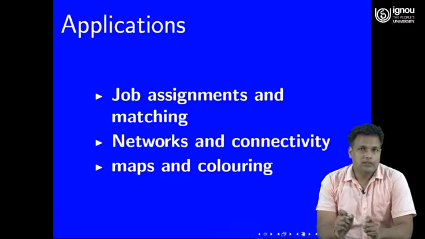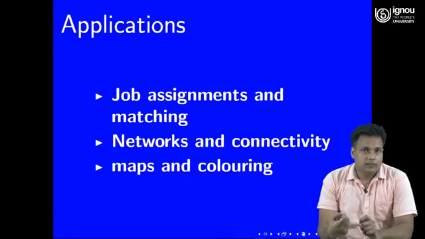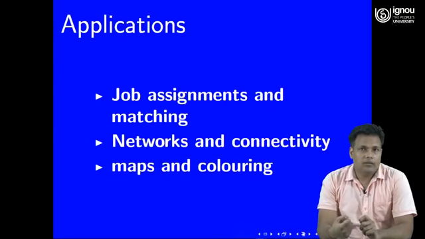Suppose you have 5 jobs and 10 applicants, and all these 10 applicants are eligible only for 2 jobs. So in that case, you can't fill all the 5 jobs. The remaining 3 jobs will not find any qualified candidate. So the mathematician Hall found a sufficient condition in terms of graph theoretical representation, which you will study in this course.